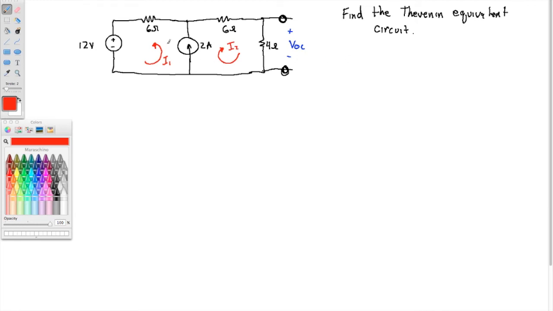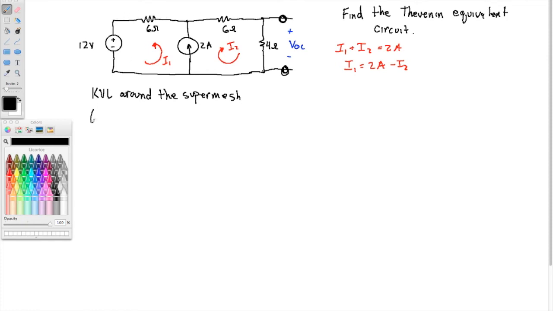Okay, and then from the independent current source there, we know that I1 plus I2 is equal to 2 amps, and so I1 is equal to 2 amps minus I2. Now if I do a KVL around the super mesh, I'll go clockwise.